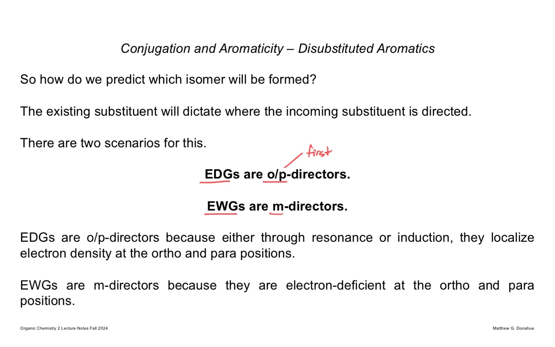So if we have a substituent on there, the second one will go para, just due to steric interactions between forming the ortho isomer. And again, all of this gets back to understanding resonance and induction of the existing substituents.